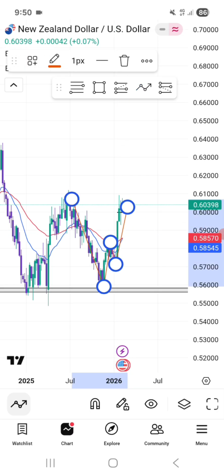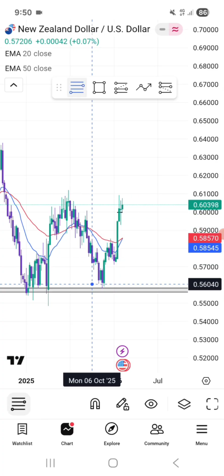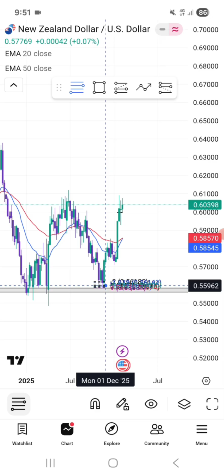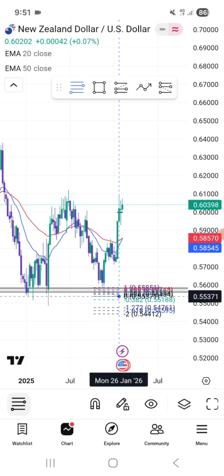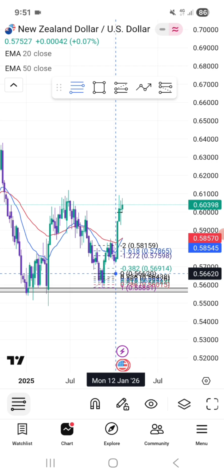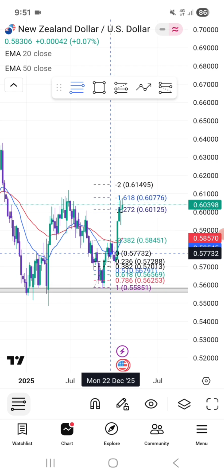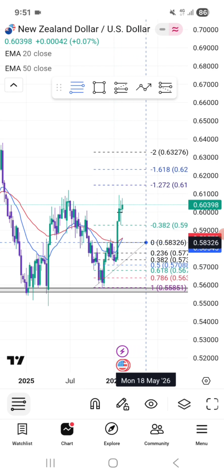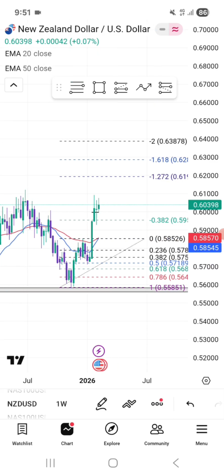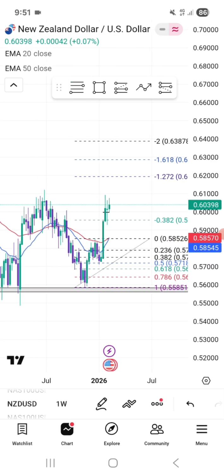So we will take our Fibonacci here, and then, as I said in my other videos, we will plot our Fibonacci from the swing low to the swing high. Yes, so this is how we plot from the swing low to the swing high.